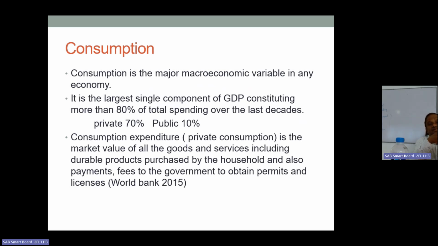Therefore, in the Keynesian theory, the consumption function plays a central part in explaining national income determination. This is the model expounded by Keynes, and it is an important model.